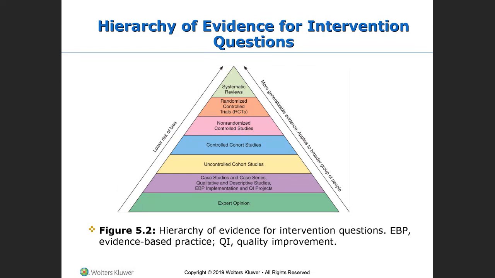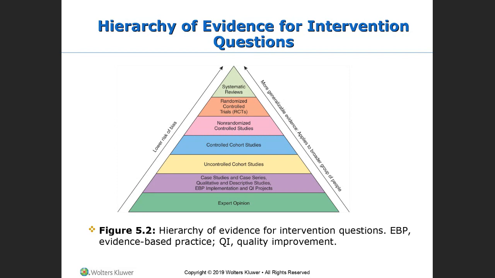And then once we start getting to the top, we have non-randomized control studies, where we're looking at a specific group, but non-randomized means that they're taking a group of selected individuals, or a group of individuals that are all part of one area.